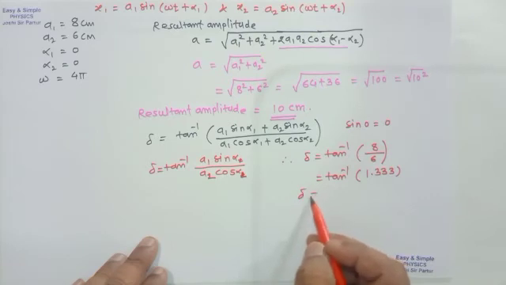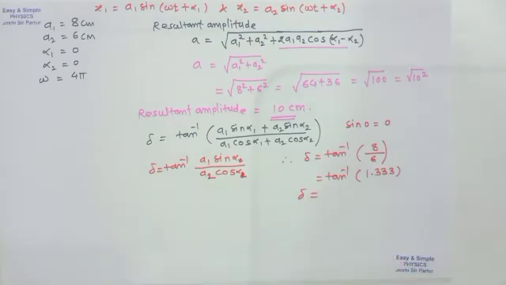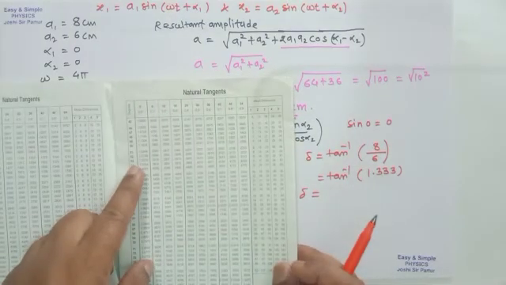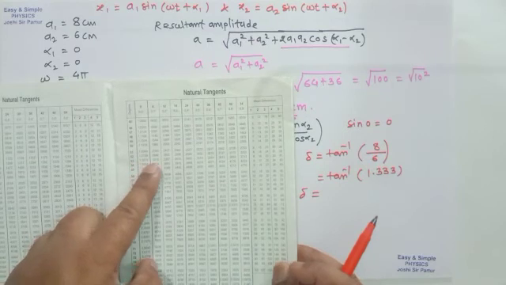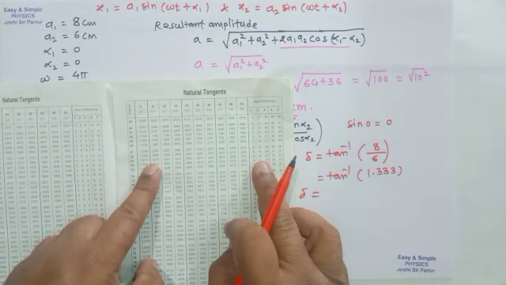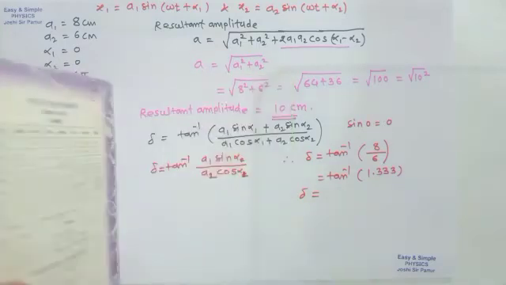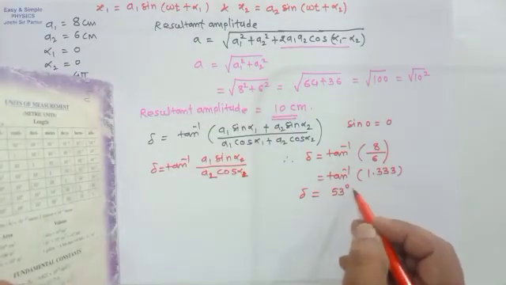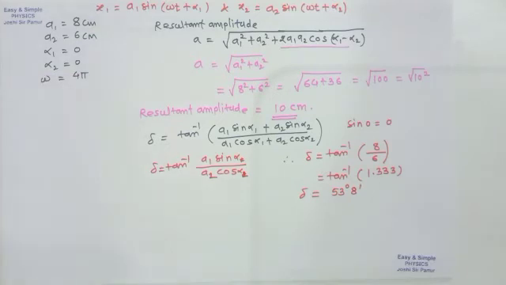So delta is equal to tan inverse 1.333. By using the natural tangent table, it will be 53 degree 8 minute. That is the answer for the given question.